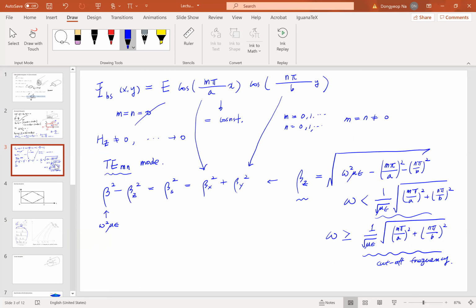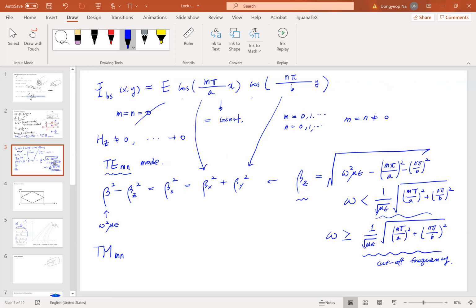Actually, this is the TE-MN mode closed form solution. We know that the transverse scalar field takes the form of cosine and cosine functions, but you can also find the TM-MN mode by using a similar argument.